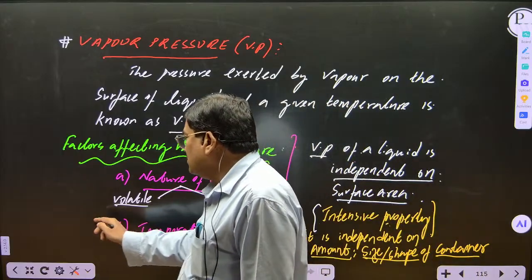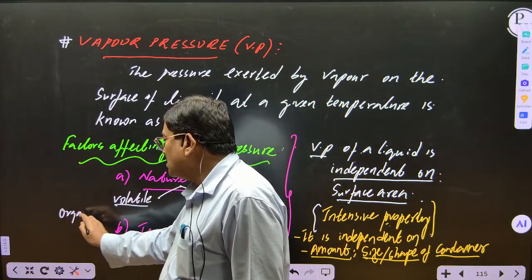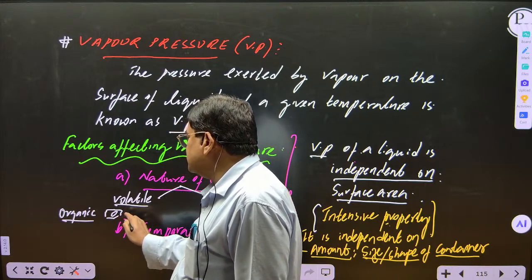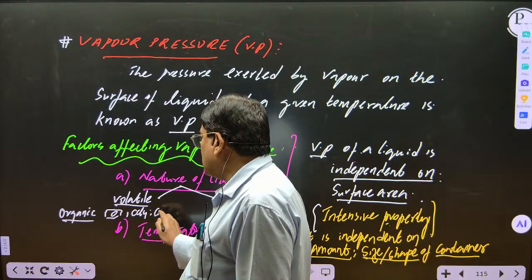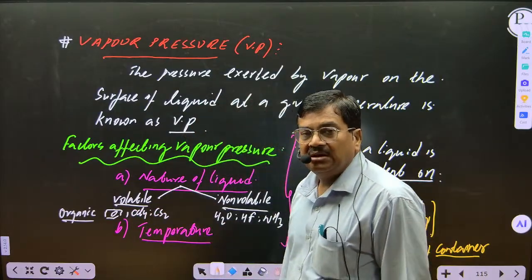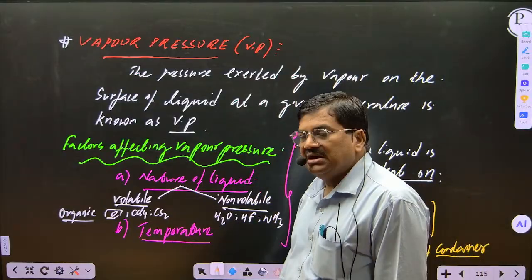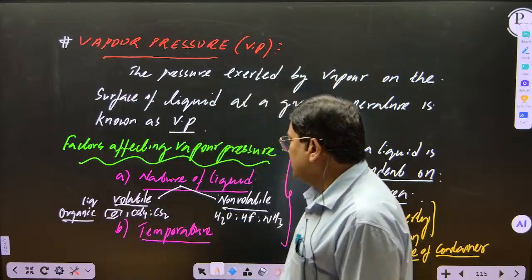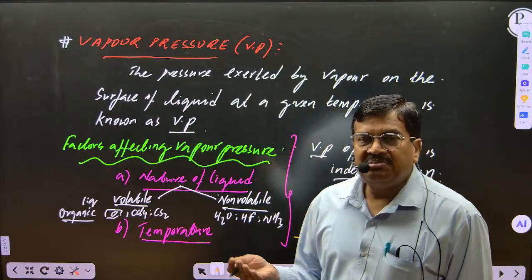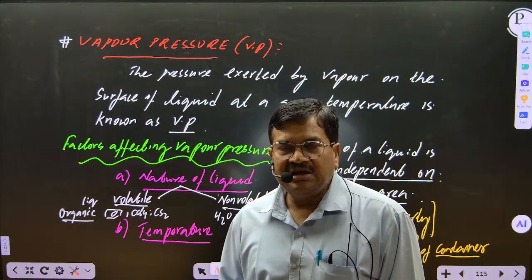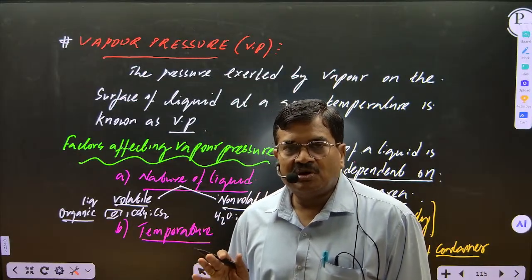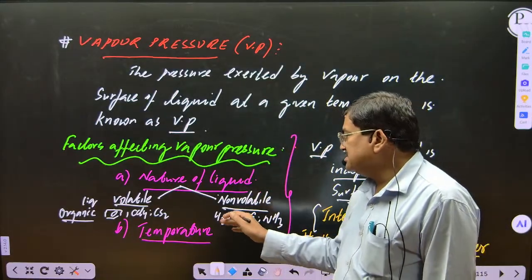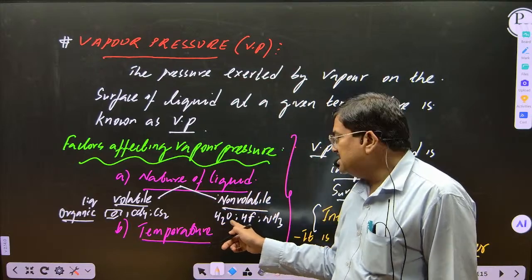But volatile liquids, which you take generally as organic liquids. What are the organic liquids? Benzene, which in 11th class you studied, carbon tetrachloride, carbon disulfide, toluene. These are all what? Volatile liquids. Organic liquids are generally taken as volatile. So if it is a volatile liquid, do we get more vapor pressure or not? Do you agree? If a volatile liquid is there, vapor pressure will be more, and non-volatile will mean vapor pressure will be less. So is it depending on nature of liquid or not? Copy this.